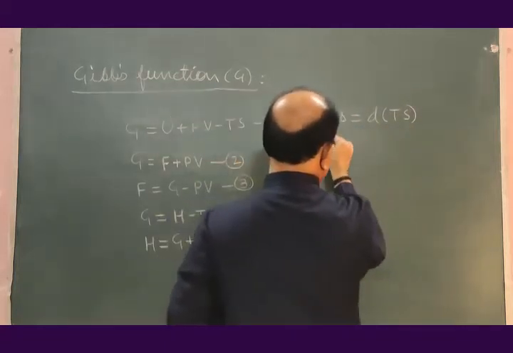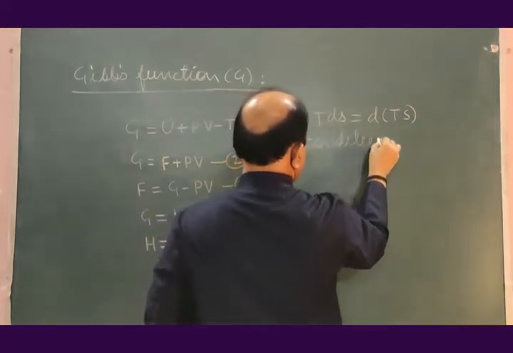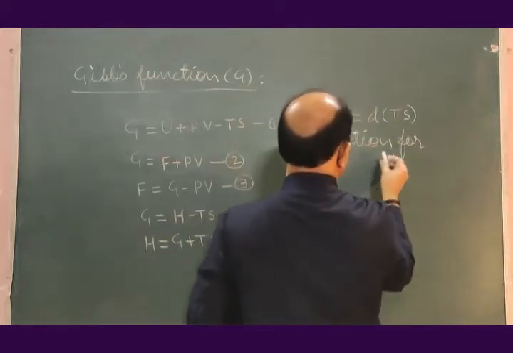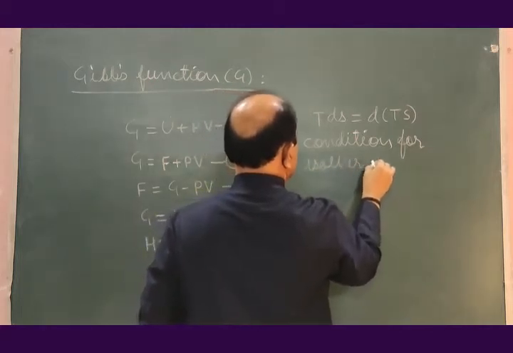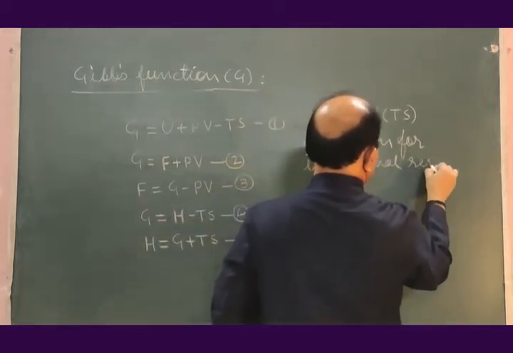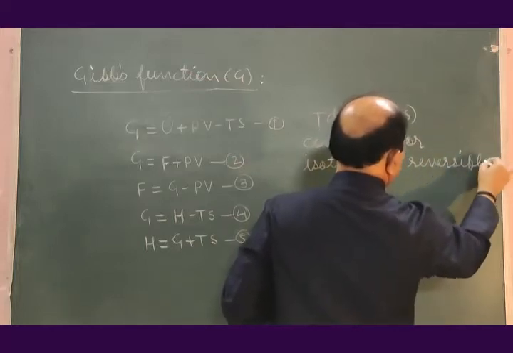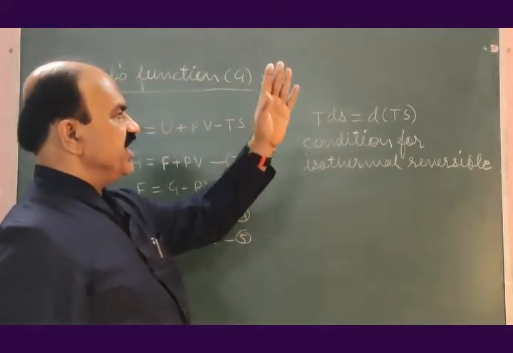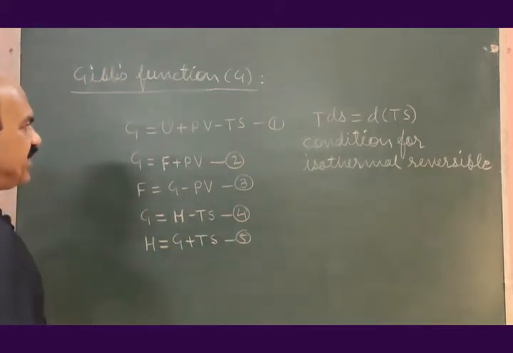So this will be the condition for isothermal reversible process. Condition for isothermal reversible process is TdS is equal to d of Ts.